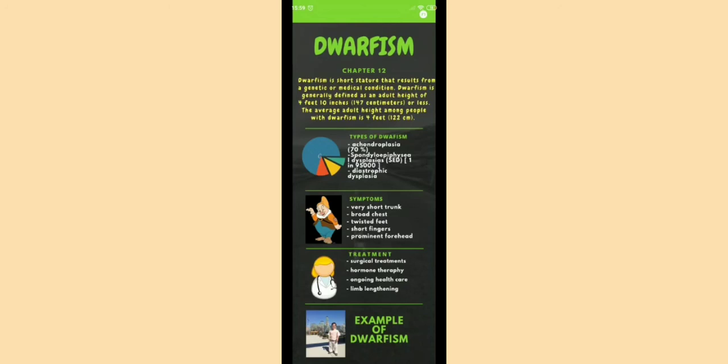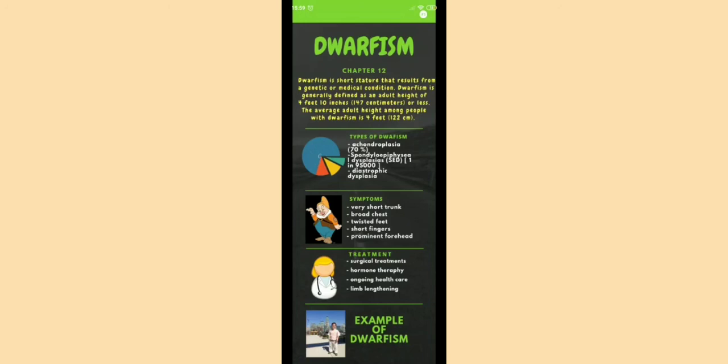Secondly is spondyloepiphyseal dysplasias, which 1 in every 95,000 babies has. And lastly is diastrophic dysplasia.